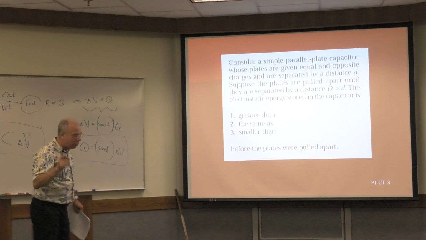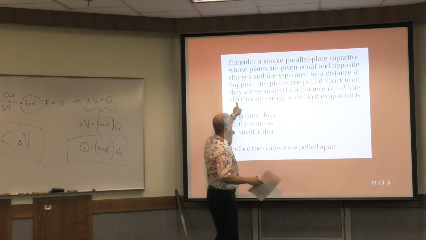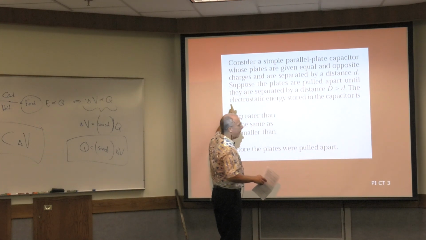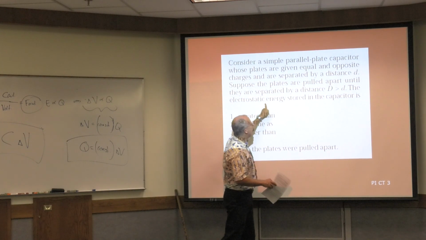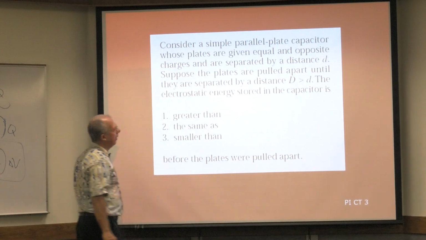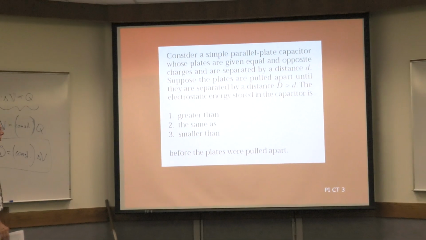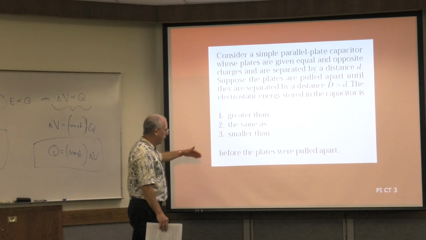Now careful, read these words. If I was taking this test, I would underline this. That's why people make mistakes, because they don't read the questions carefully. The electrostatic energy, the electric potential energy stored in the capacitor, is greater than, the same as, or smaller than before the plates were pulled apart?